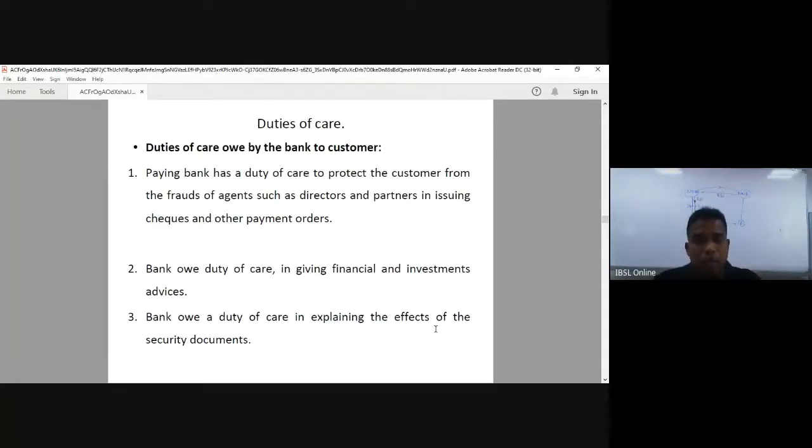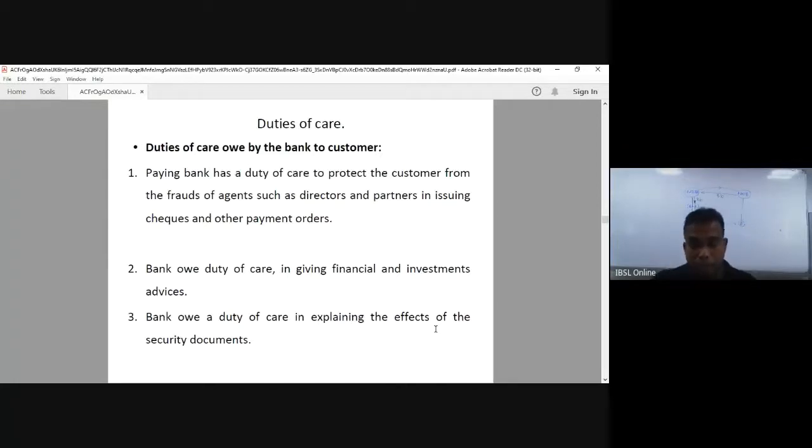The other duty of the banker: duty of care. The bank has a duty of care towards their customers. Under the banker-customer relationship, when a bank allows a customer to open an account, the banker has a duty and the customer has a right: the duty of care owed by the bank to the customer.